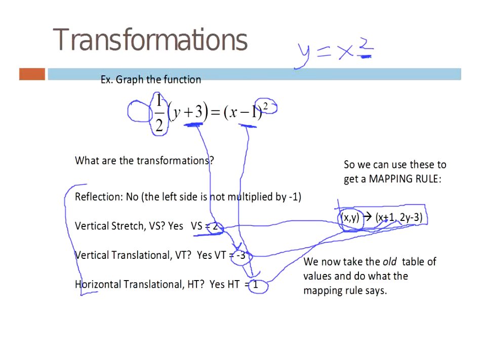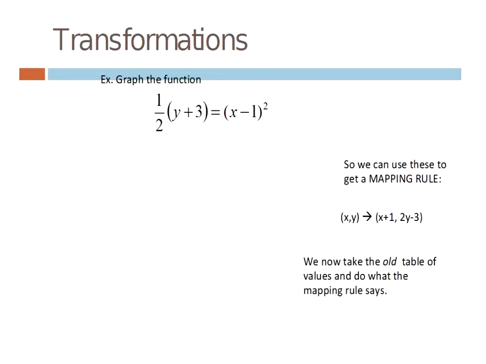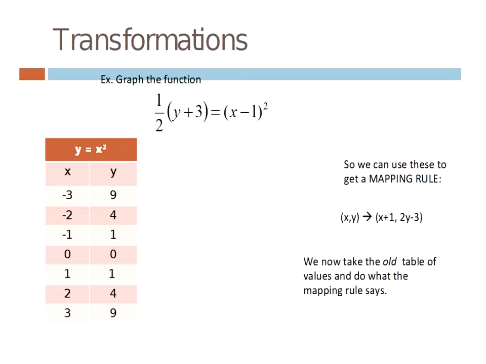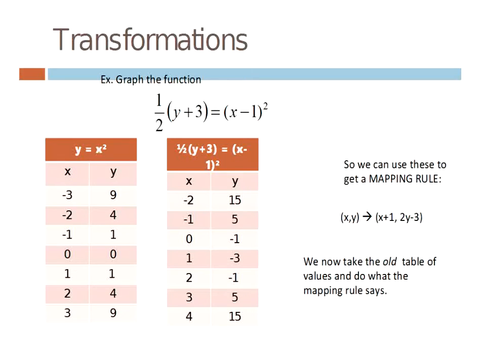Okay, so we take the old table of values and do what the mapping rule says. I'm literally going to plug in x equals negative 3 into here, x equals negative 2, x equals negative 1, 0, 1, 2, 3 into here, and same with those y values. And when I do this, there's the old table, and I plug these old values into the new ones, and you can see that I added 1 to all the x values, so instead of -3, I now have -2.